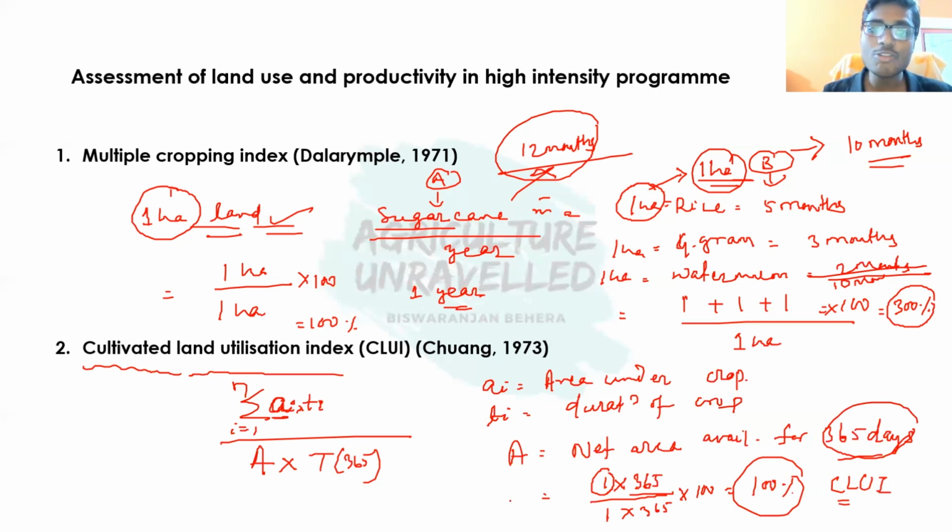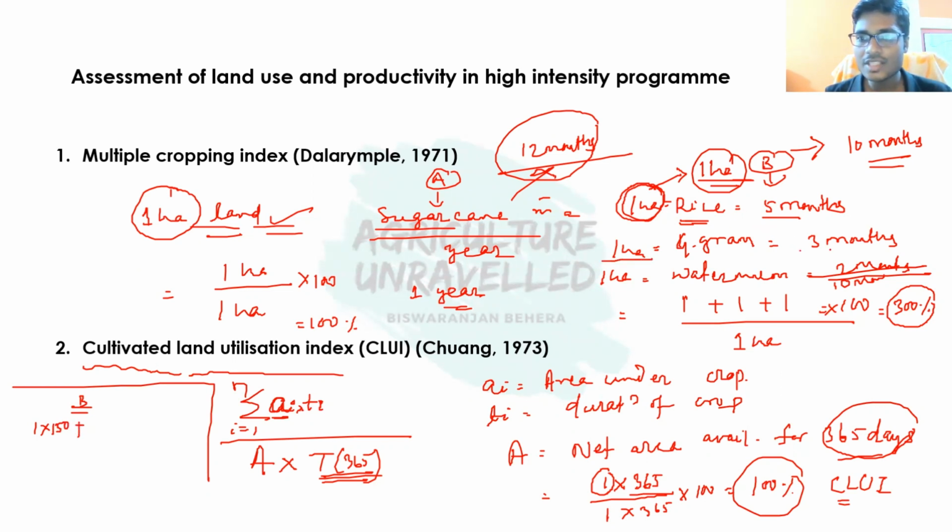Then what is the CLUI for farmer B? Here the CLUI will be the small a into the duration of the individual crop. For rice, the area is 1 hectare and the duration is 5 months, so 1 into 5 months, which is 150 days. Plus for green gram the area is 1 hectare and the duration is 3 months, so 1 into 3 months, that is 90 days.